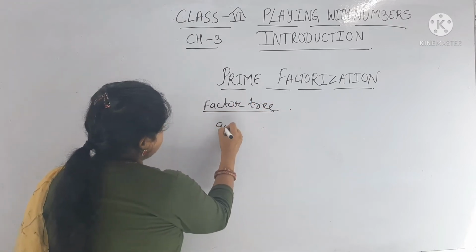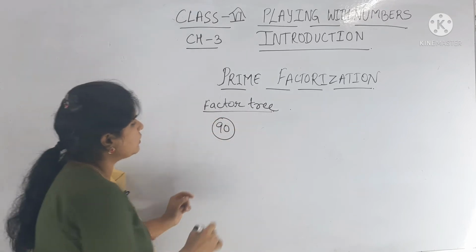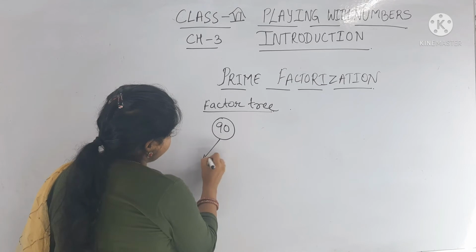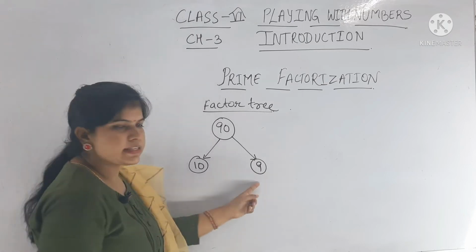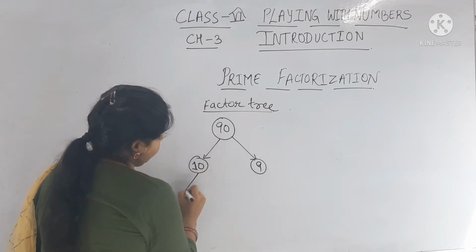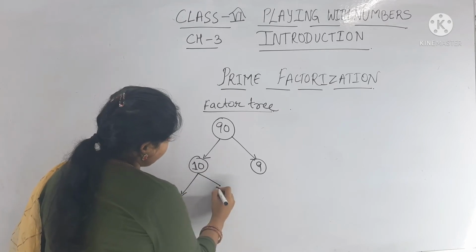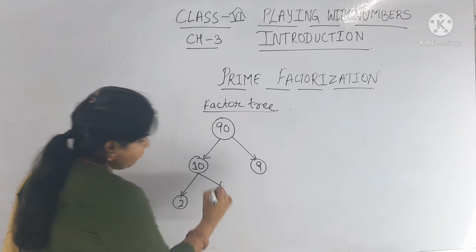If it is 90, we know that 9 into 10 is 90. So here I am writing 10 and here 9. 10 is 2 5s are 10, so here 2 and here 5.